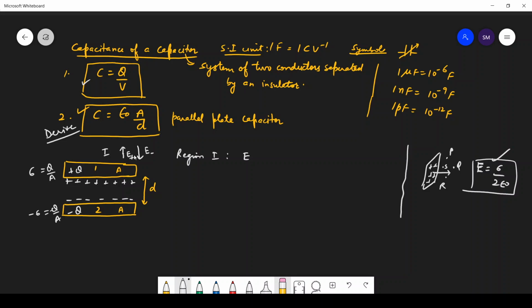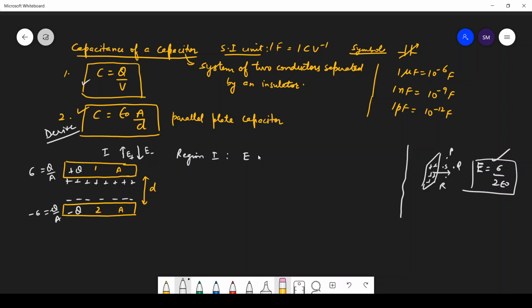So the directions are opposite, and this E positive is independent of the distance, and this E negative is also independent of the distance. So both will cancel out each other because the magnitude is the same and they are in opposite directions. Electric field is a vector quantity.